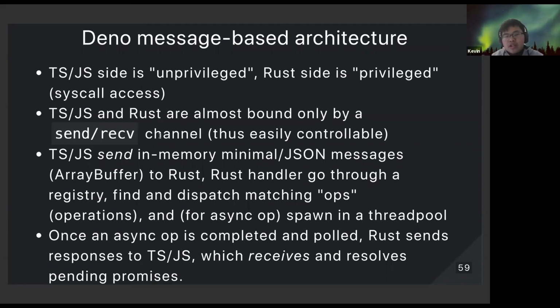When the TypeScript side is trying to do an API call, for example some file system API, it will serialize your request and send it as a message through the send channel, and then the Rust side can receive this message and process it, probably also doing some async operations. Once it's done, the TypeScript side will be able to receive it. So this is a message-based architecture instead of doing a lot of direct bindings as Node does.